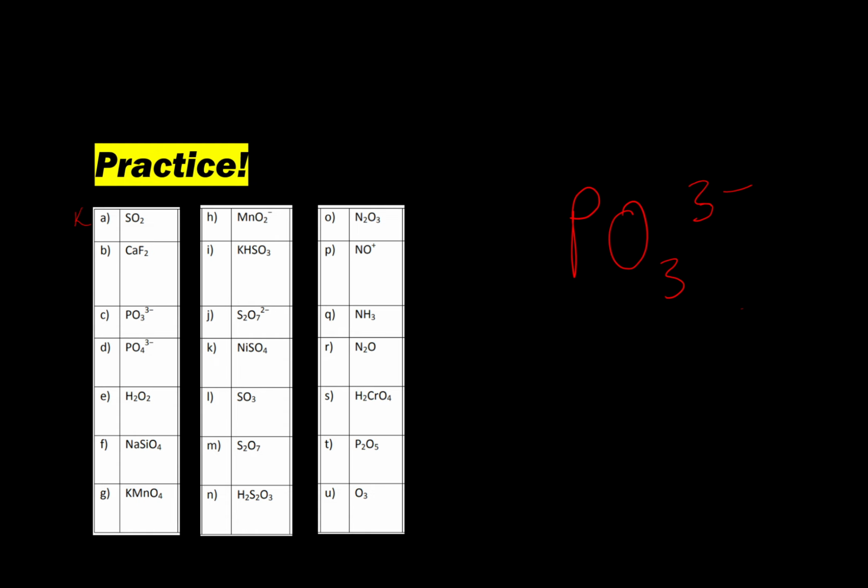The person who got this, where are they? Okay, so go ahead. Okay, let me see now, Shanique. So you said that phosphorus is, ooh, okay. So your values are not wrong, but your answers are wrong.